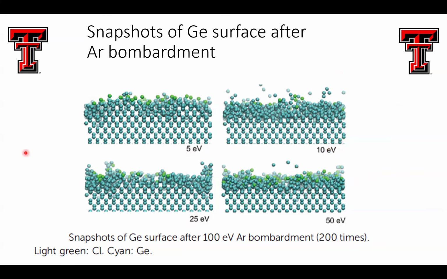Each of these snapshots I will show in a second is after 200 independent simulations. Because every ion sent to the system is an independent, very short, but independent simulation. So what you see here is the result of 800 short simulations.